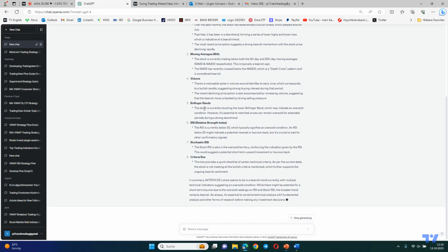The stock is currently touching the lower Bollinger Band, which may indicate an oversold condition. Yes, in theory, this could be an indication that there might be a rebound soon, but due to the fact that the lower lows are coming with higher volume, that makes it pretty unlikely. The RSI is currently below 30, yes, which indicates an oversold condition.